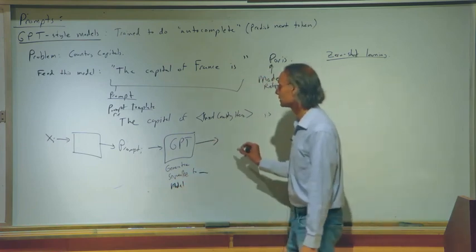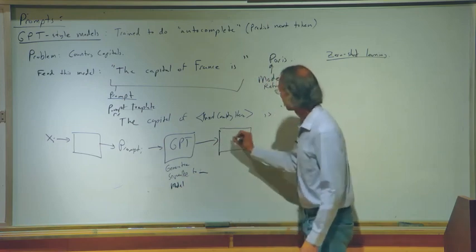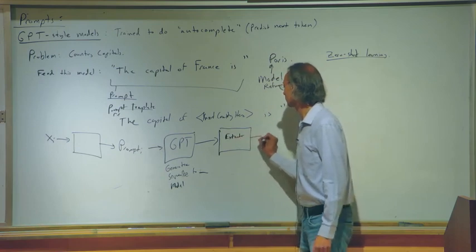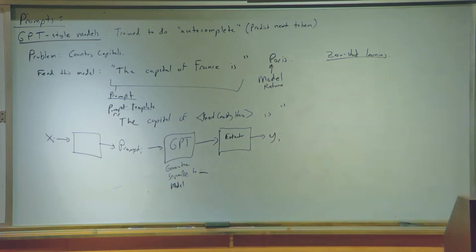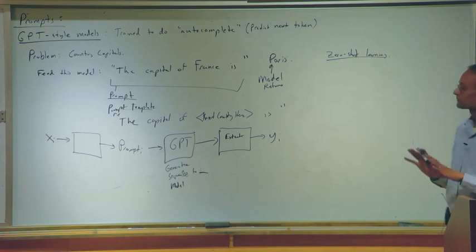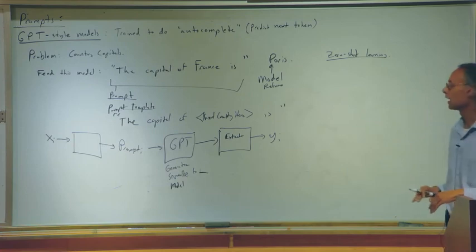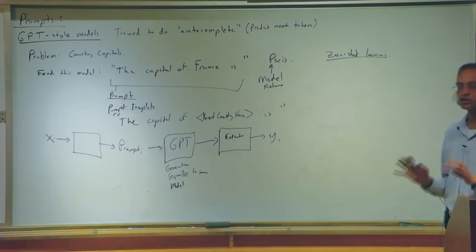And then what you do is you put another box that extracts what you want. So you treat the GPT model as a black box. There's no gradients of any kind here so far. In fact, everything here is human done. This is human engineered.